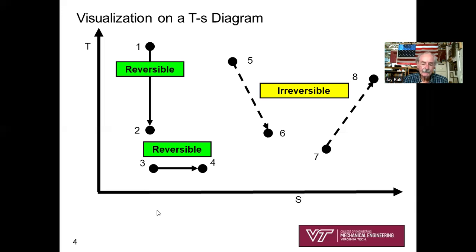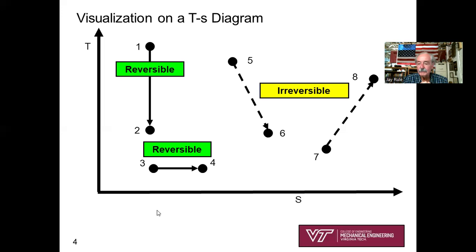Even if you're receiving heat from a higher temperature reservoir, that would be an external irreversibility. But as far as process 3 to 4 is concerned, as far as the material inside the control surface knows, it's internally reversible. So process 3 to 4 would be described as a reversible isothermal process. That would be similar to the Carnot cycle type process, reversible isothermal.